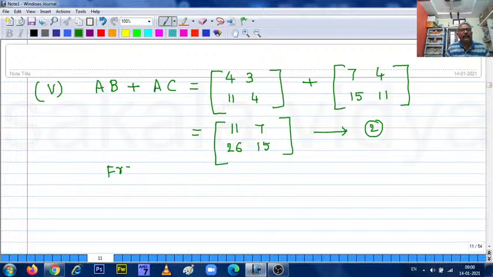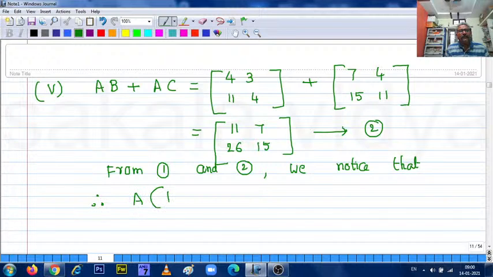From 1 and 2, we notice that A of B plus C equals AB plus AC.